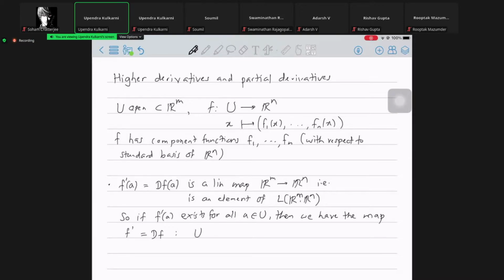For every point in U, just see what we have written in the first bullet point. For every point in U, I get a linear map from Rm to Rn, which is a vector space of dimension mn.